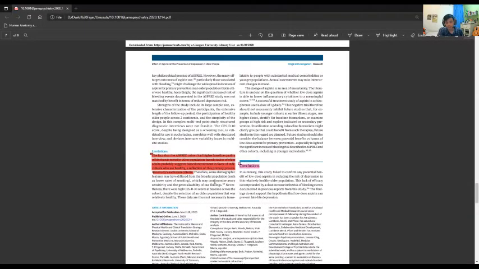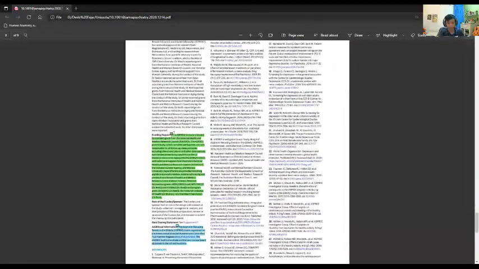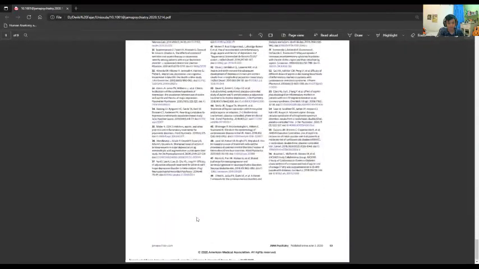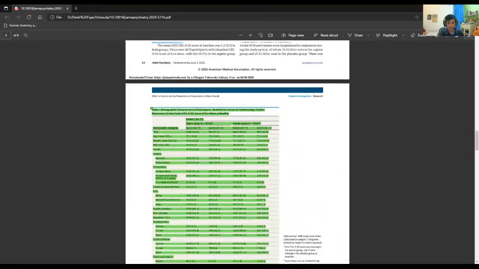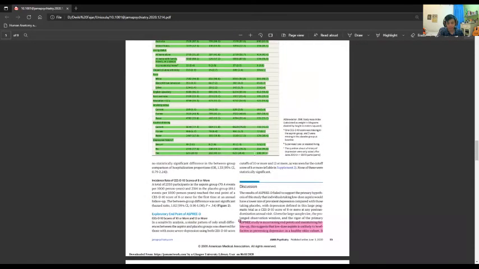Okay, we move to the 21. Oh yeah, I forgot, because the 21 is about generalizability, and we cannot find any generalizability in this article, so we may skip it. So we move to point 22, the interpretation: interpretation consistent with results, balancing benefits and harms, and considering other relevant evidence.